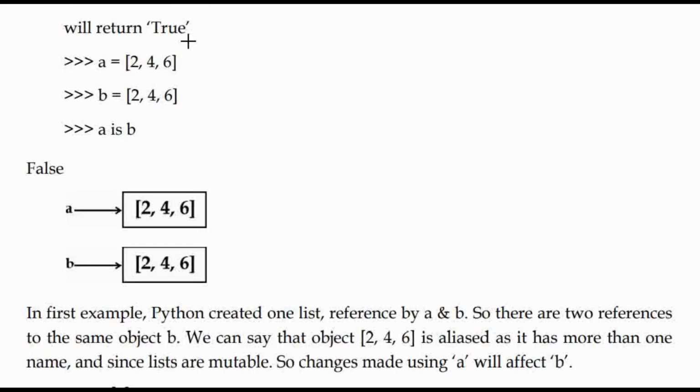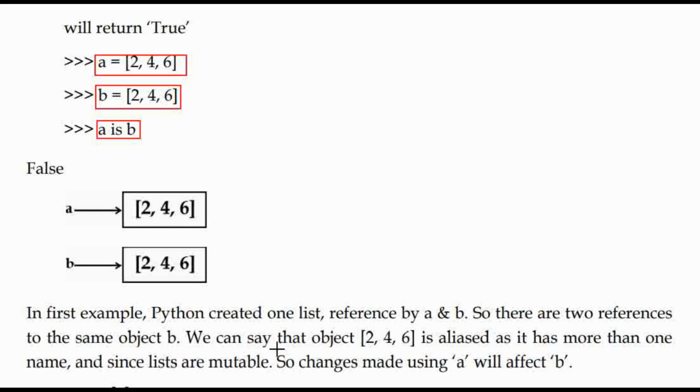will return True. A is equal to [2, 4, 6], B is equal to [2, 4, 6], A is B: False. In the first example, Python created one list referenced by A and B, so there are two references to the same object.